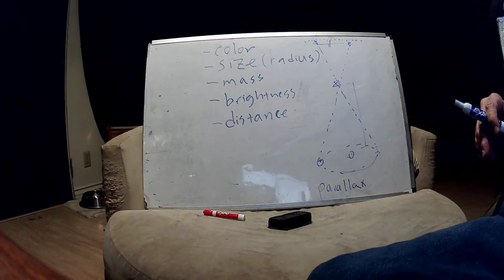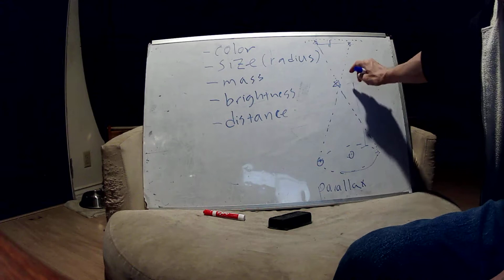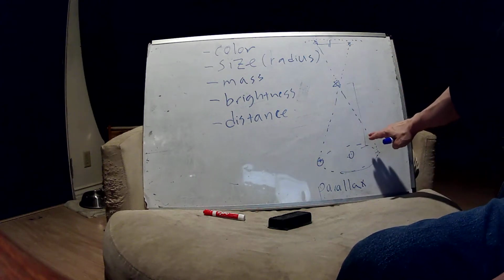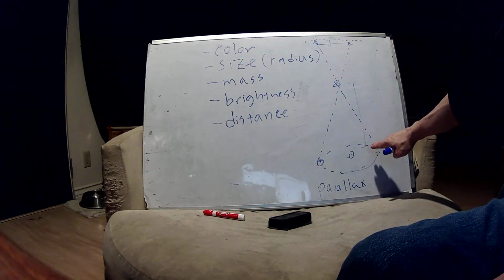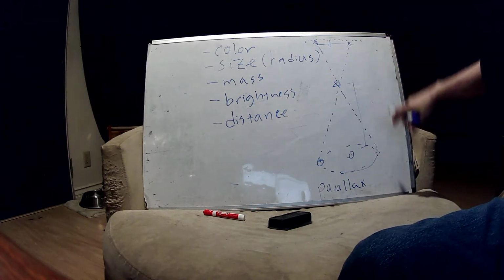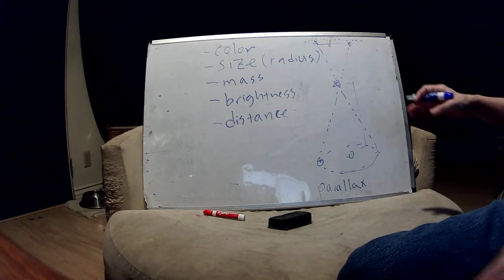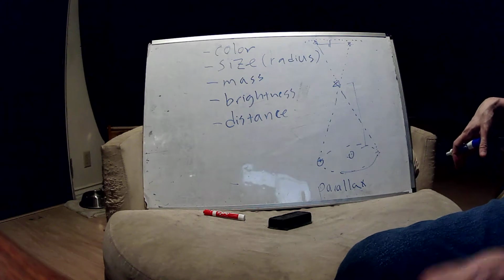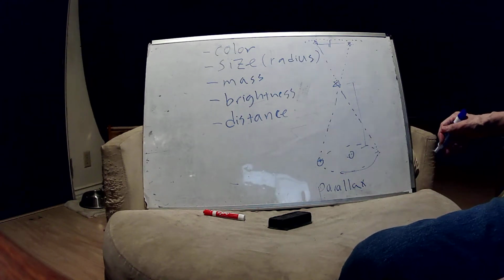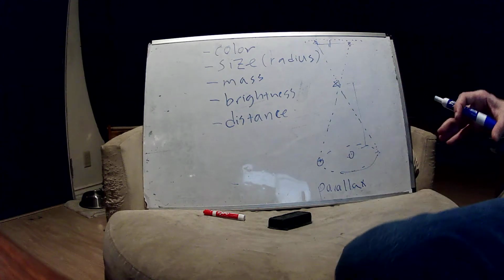P-A-R-A-L-L-A-X, parallax. Now, for stars, even the closest one is something like 4.3 light years from us, which is really, really far. It's 4 times the extent of the very edge of our solar system, way beyond the Oort cloud, out where the sun's gravitational influence finally ends.